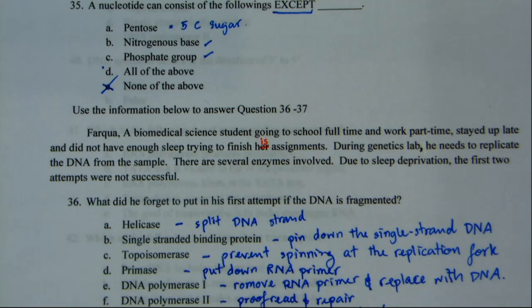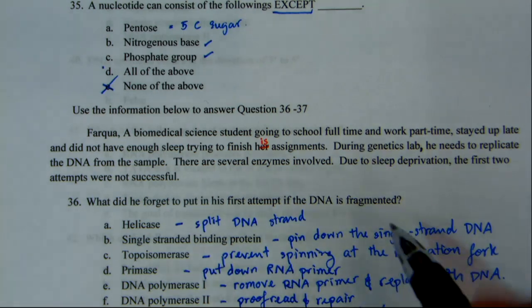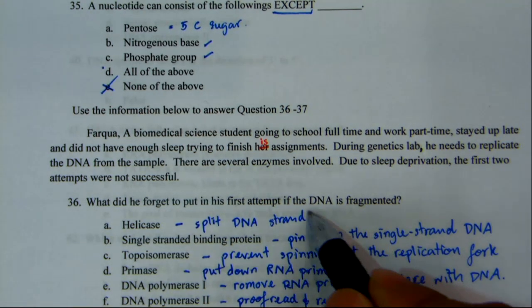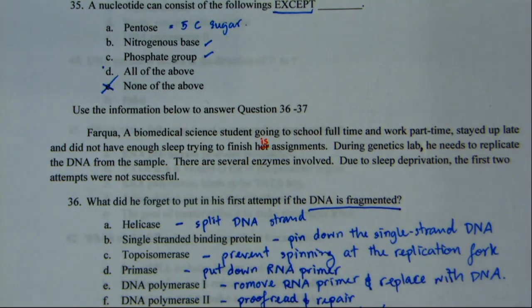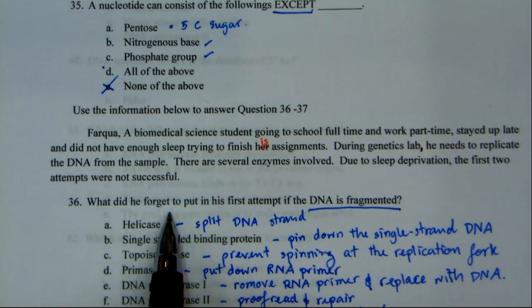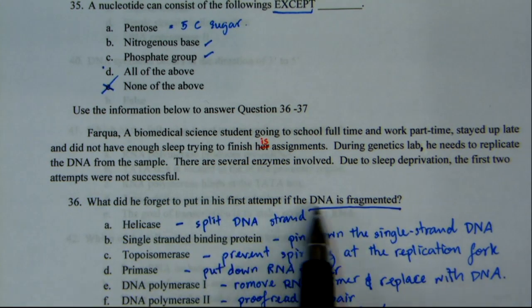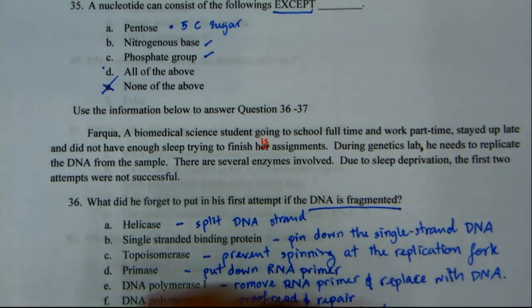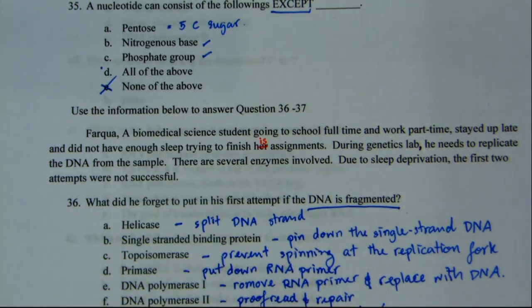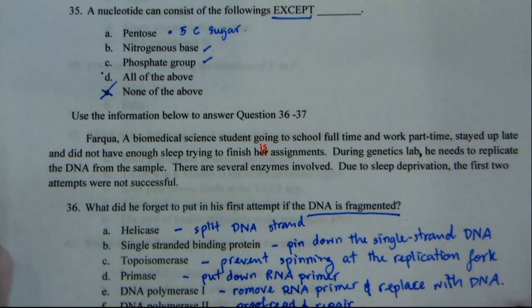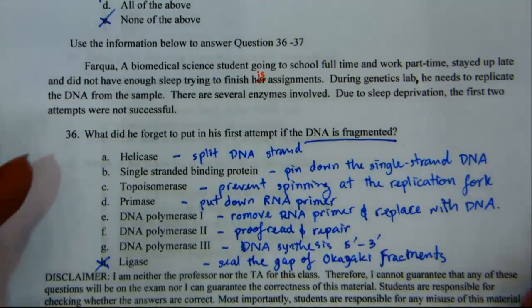So if the question asks why the DNA is fragmented, that means we didn't have anything to seal the gap. What did he forget to put in the first attempt? So the answer here is ligase. Makes sense, right? Okay.